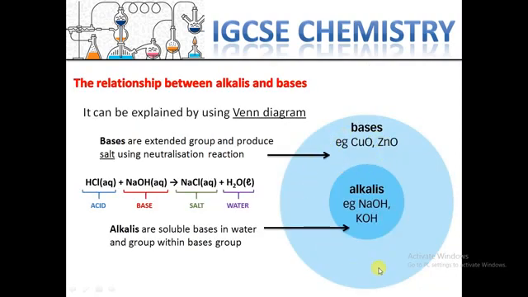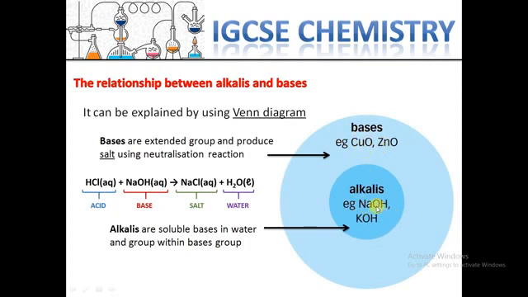And this Venn diagram can explain the relationship between bases and alkalis. Alkalis are soluble in water, and this is the small group within a much bigger group, which is bases. The bigger group is bases, including metal oxide or metal hydroxide, but alkalis are a part of bases.